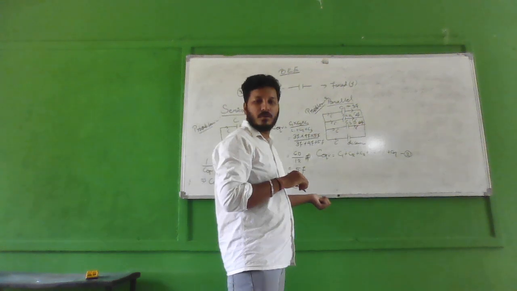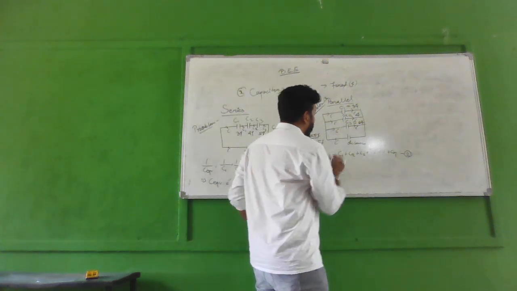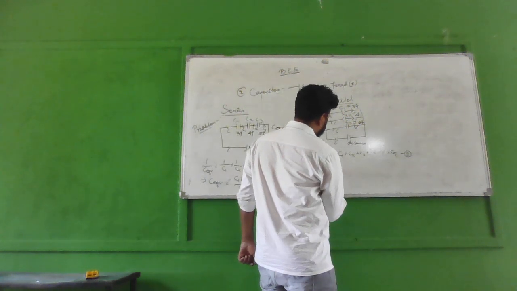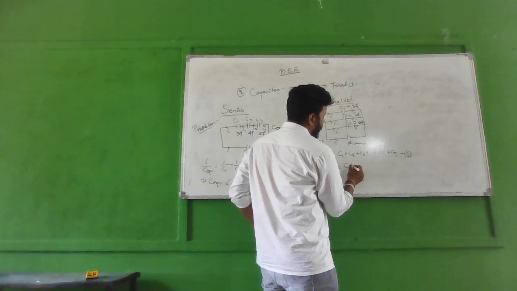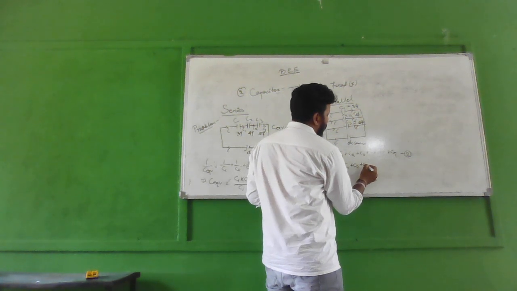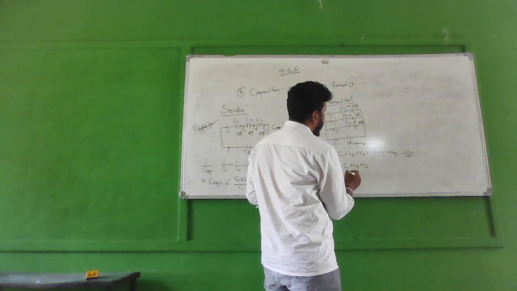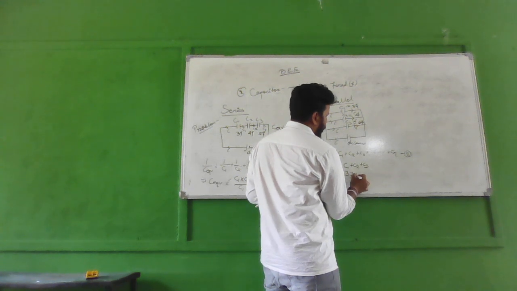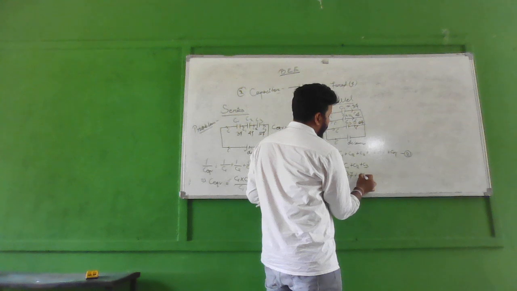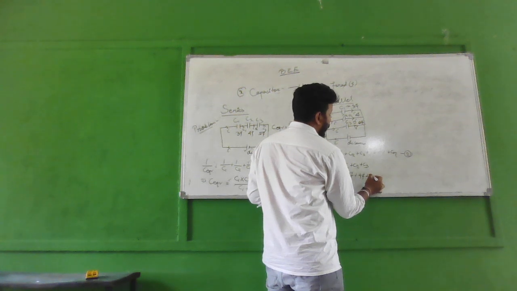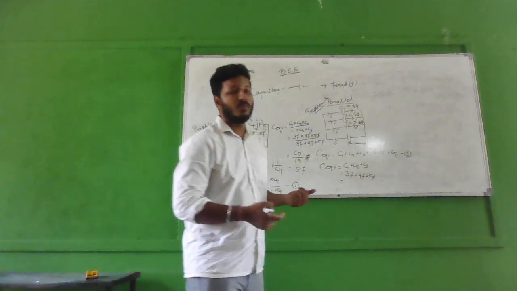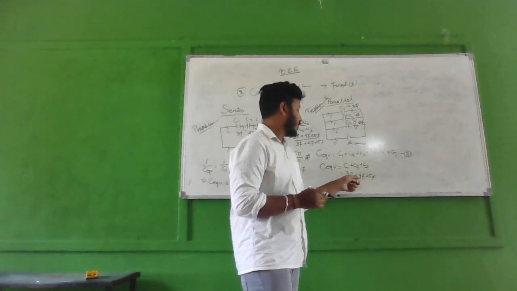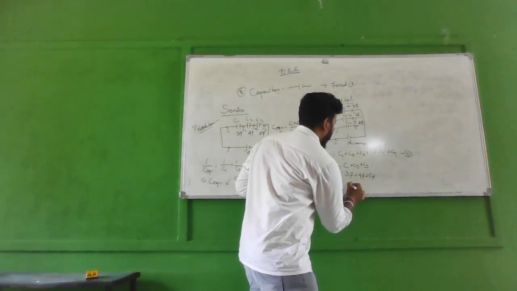So C equivalent is C1 plus C2 plus C3, 3 plus 4 plus 5, what do we get? 12.